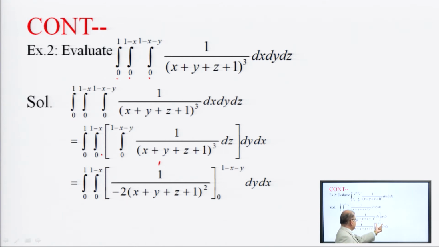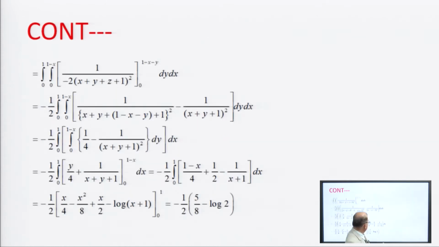Substituting the limit, we get 1 by (x plus y plus z plus 1) whole square replaced by the upper limit minus the lower limit, putting z equal to 0, we get 1 by (x plus y plus 1) whole square.